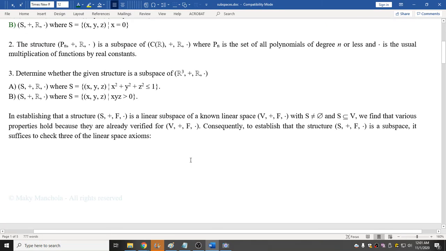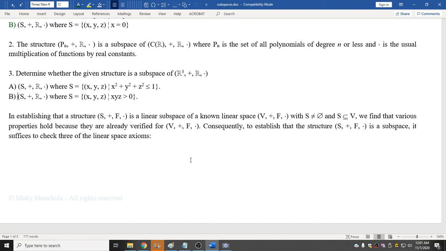Let's remark that in establishing that a structure S plus F dot is a linear subspace of a known linear space V, with S not equal to the empty set and S a subset of V, various properties hold because they are already verified for the linear space with set V. Consequently, to establish that the structure S plus F dot is a subspace, it suffices to check 3 of the linear space axioms.